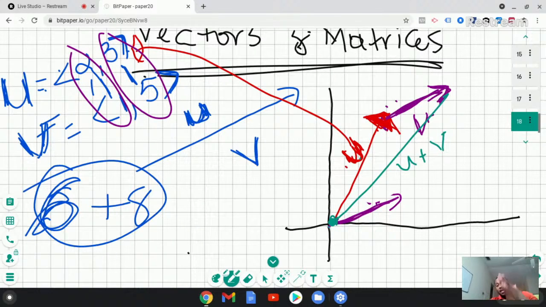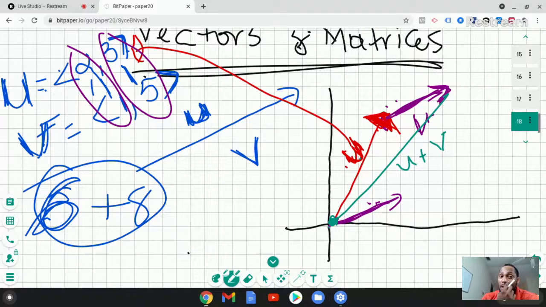I draw u and then I also draw v. Both of them have their tail at the origin, and I wanted to add u plus v. So I left u where it was, and then I drag v, without changing the magnitude, all the way up to the tip of u, and that gives me u plus v. The vector that you see in green here is u plus v.